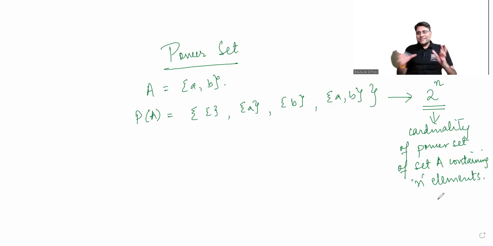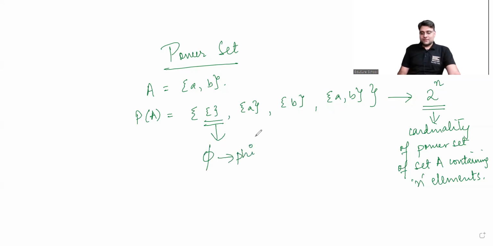So a set containing n elements will have a power set which will contain 2 to the power of n elements. This blank set is also called phi.